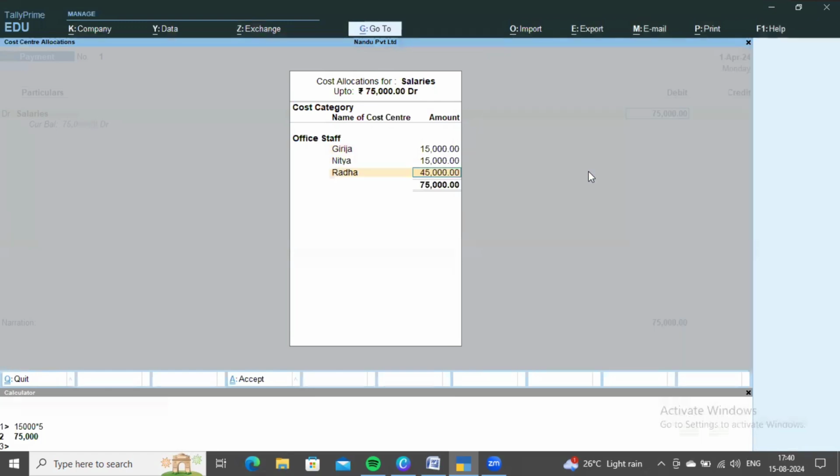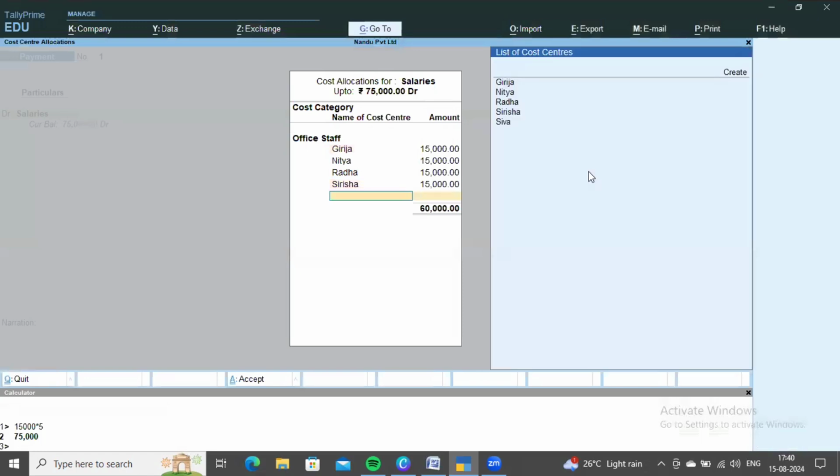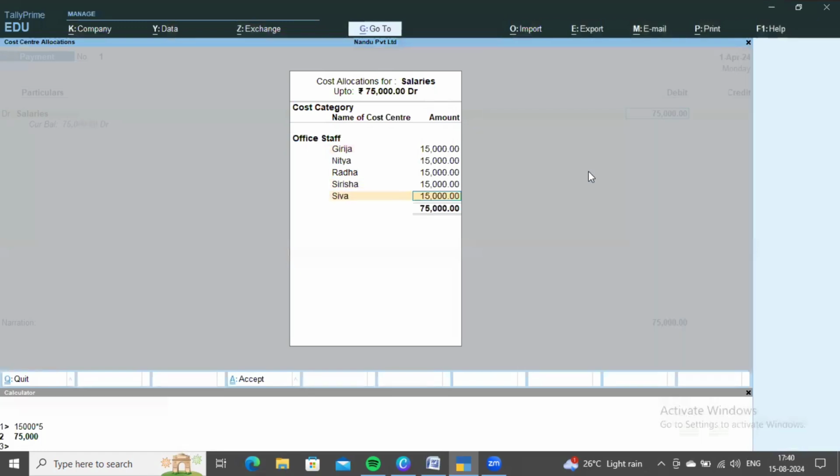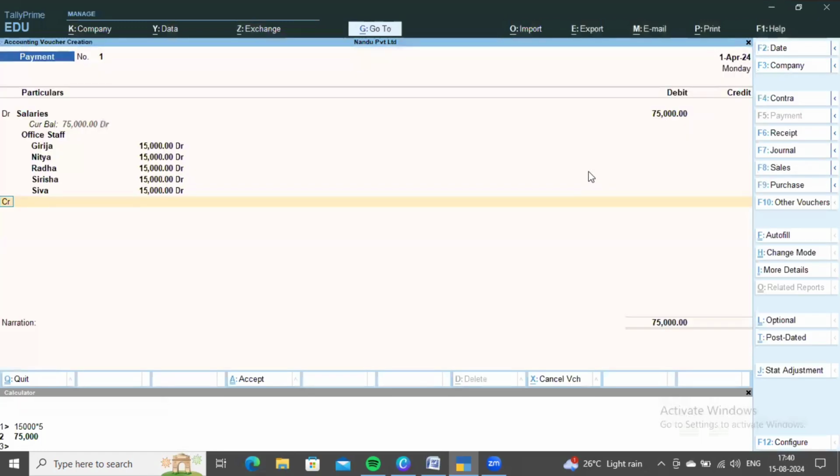Next, in the log view, press Ctrl A to save it. See, this is how the cost has been allocated to a particular cost category under different cost centers.